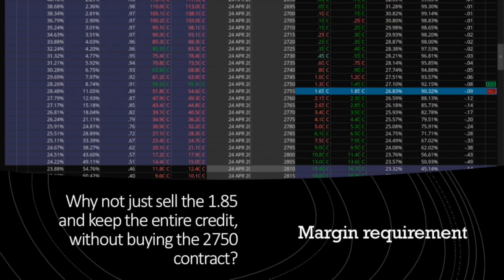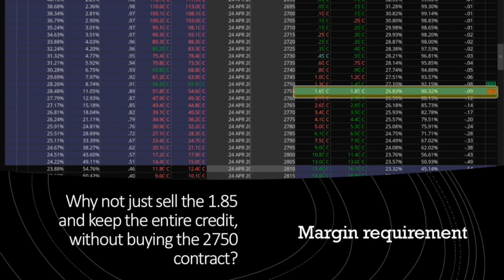In case you're wondering why, if we are making a directional bet, wouldn't we just sell the 27.55 strike and keep the entire $1.85 credit without buying the 27.50 at $1.45? And the answer is the margin requirement, because theoretically SPX could drop to zero, right? And the margin requirement would be 27.55 times 100.